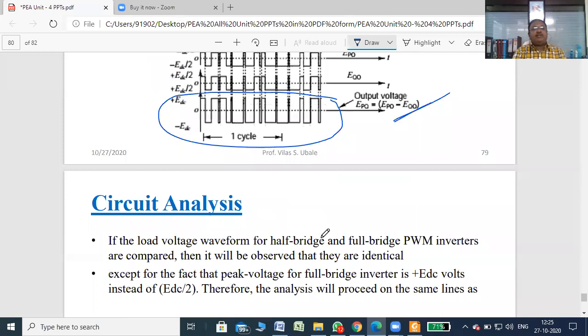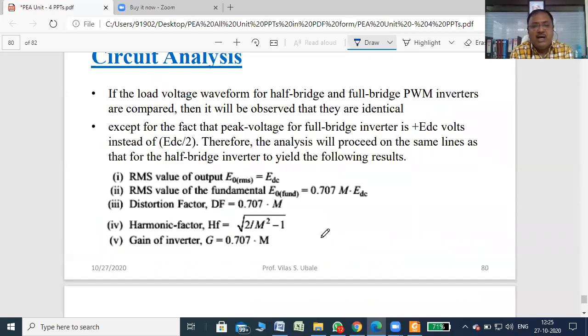Circuit analysis: EO equals EDC, and the RMS voltage equals 0.707 into M into EDC, where M is the modulation index. So the amplitude of the RMS output voltage, that is the fundamental component, depends upon the modulation index, right? As your modulation index increases or decreases, the RMS value of the fundamental component changes accordingly.